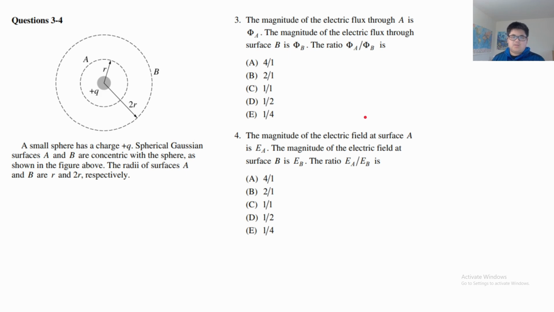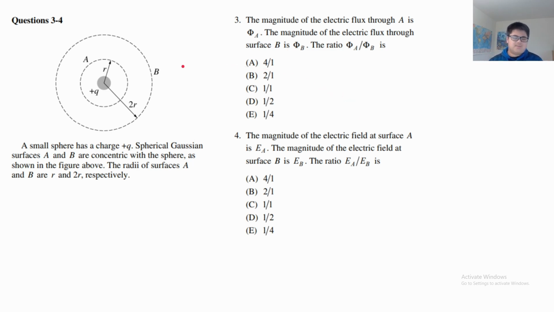Keep in mind, electric flux isn't the same as magnetic flux. Many people get electric and magnetic flux confused. Electric flux is basically how much electric field penetrates the surface.